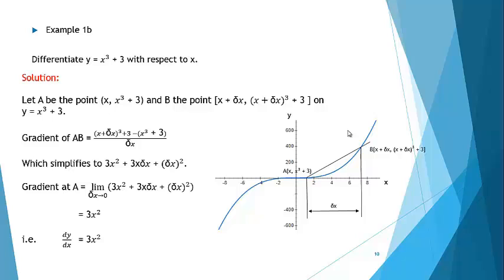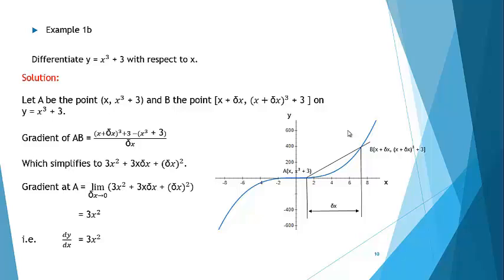So we are taking A and B as two points on the curve of y = x³ + 3. And as we need to find a common expression for the gradient of AB, we are taking the point A as (x, x³ + 3), and we are substituting x + Δx in the equation y = x³ + 3 to get the coordinates of B.